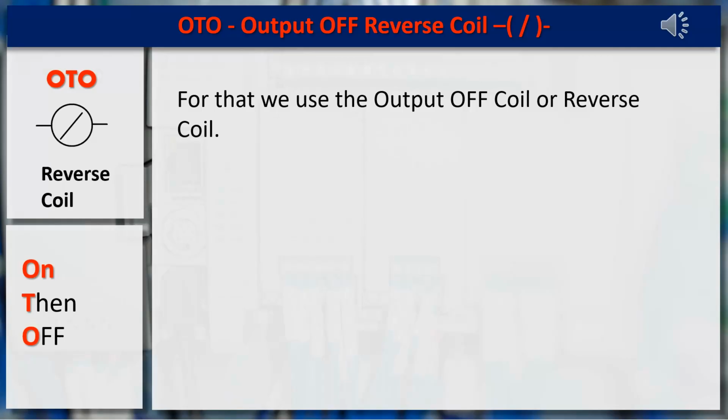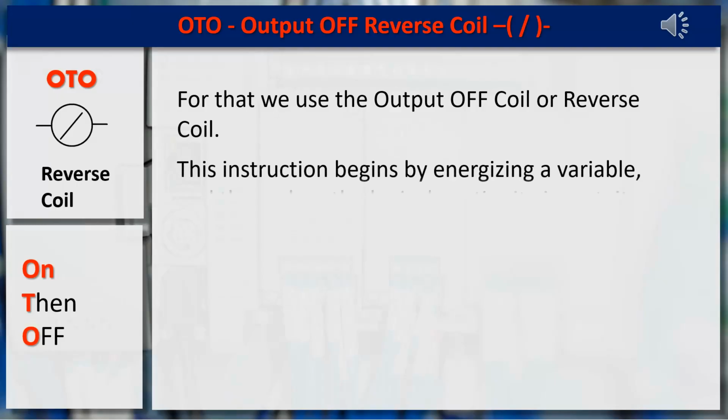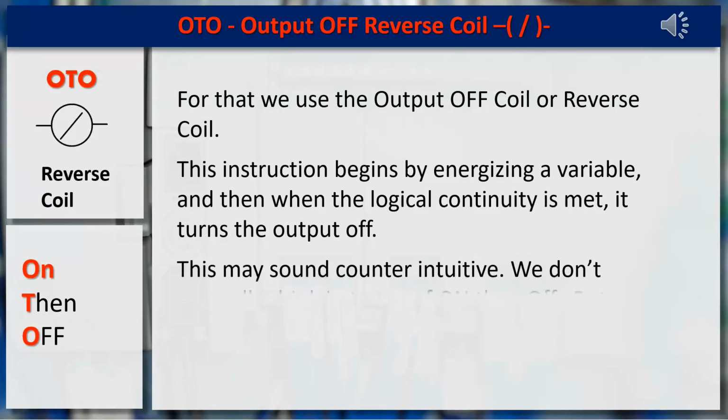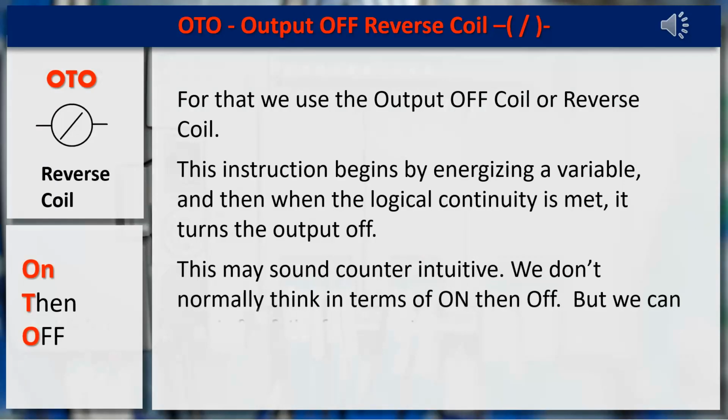This instruction begins by energizing a variable, and then when the logical continuity is met, it turns the output off. This may sound counterintuitive. We don't normally think in terms of on, then off, but we can use it for fail-safe operations.